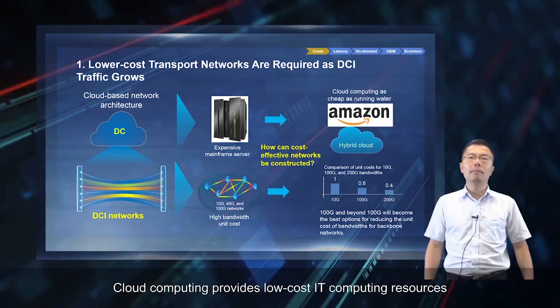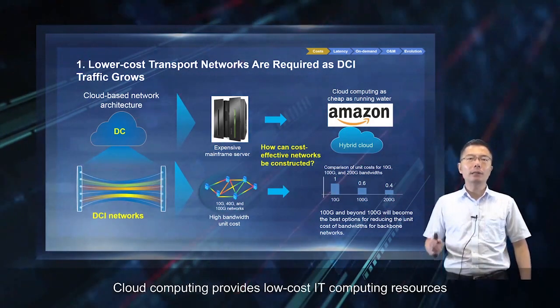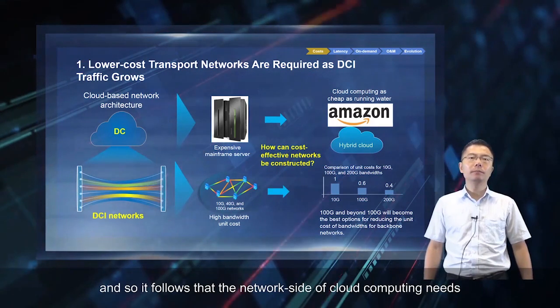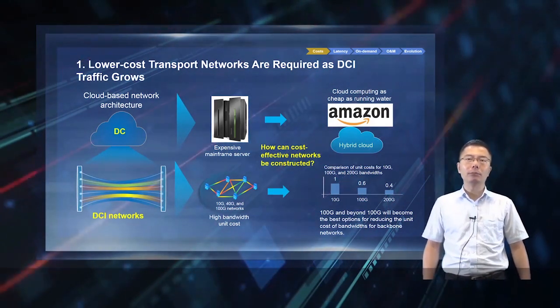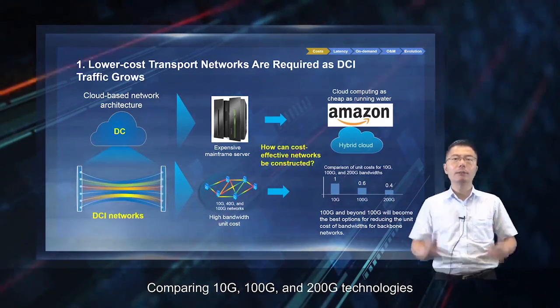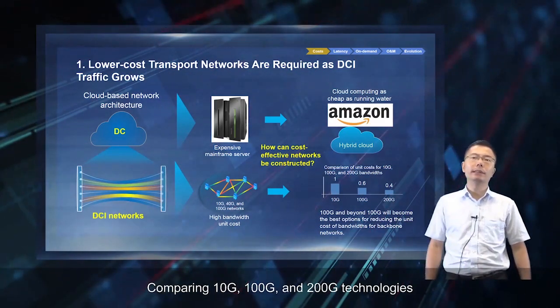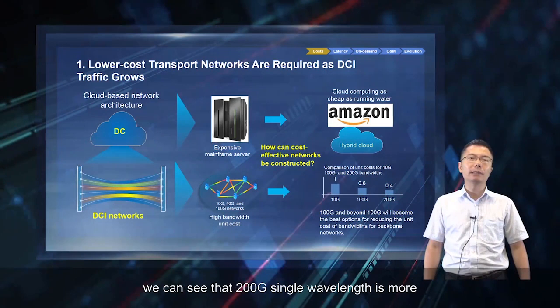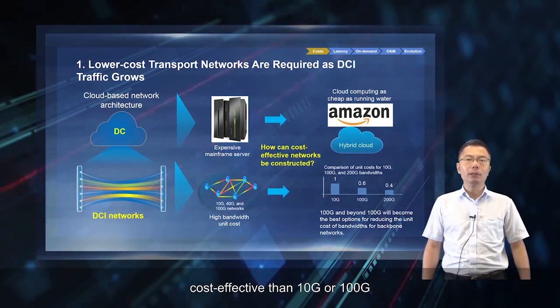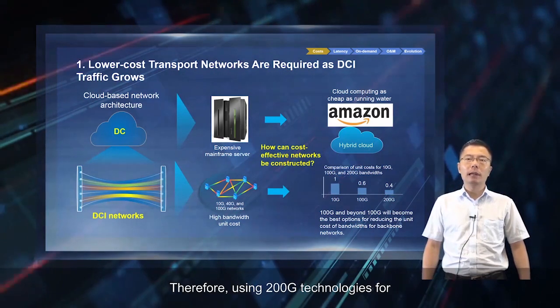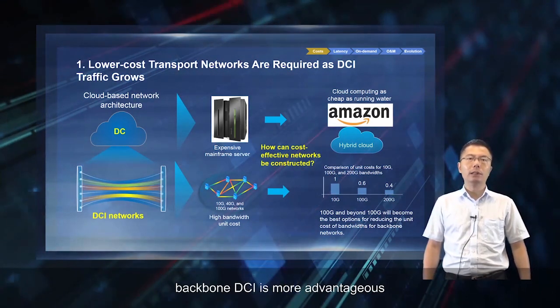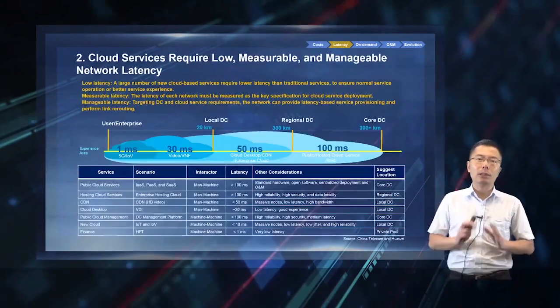Cloud computing provides low-cost IT computing resources, and so it follows that the network side of cloud computing needs to be cost-effective as well. Comparing 10G, 100G, and 200G technologies, we can see that 200G single wavelength is more cost-effective than 10G or 100G. Therefore, using 200G technologies for backbone DCI is more advantageous.